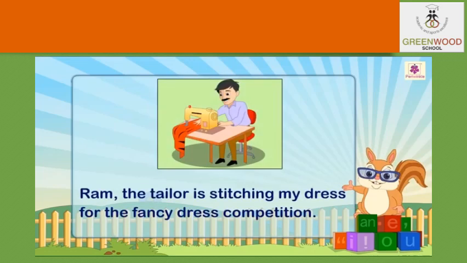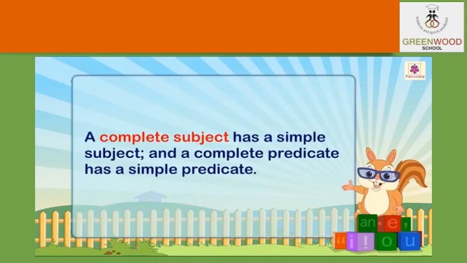For example, Ram the tailor is stitching my dress for the fancy dress competition. Here, is stitching is the verb phrase and all the words that follow the verb phrase along with it form the complete predicate. A complete subject has a simple subject and a complete predicate has a simple predicate.